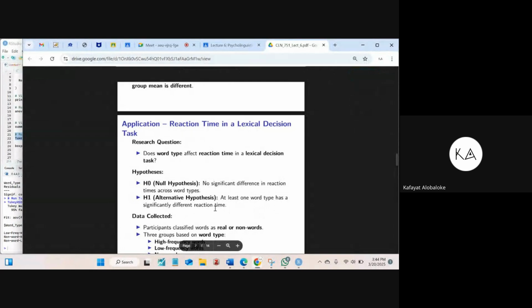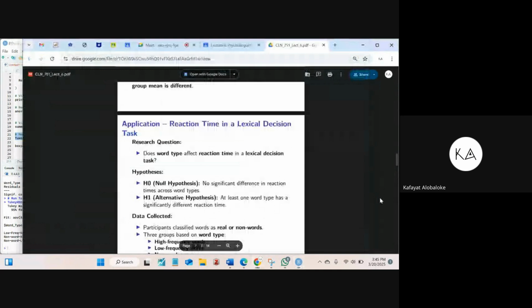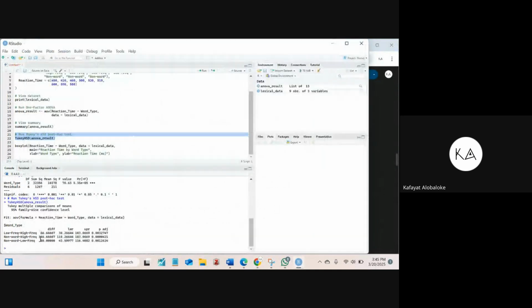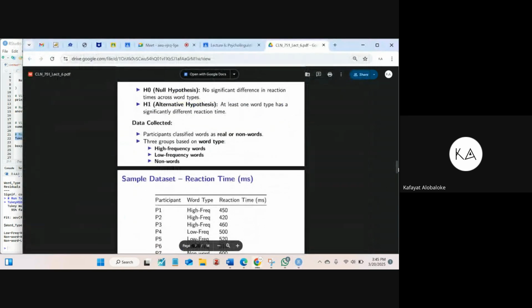In fact, it has the highest, that's the non-word type against the high frequency, because it has the highest difference. The second highest is the non-word versus the low frequency, followed by the low frequency versus the high frequency.